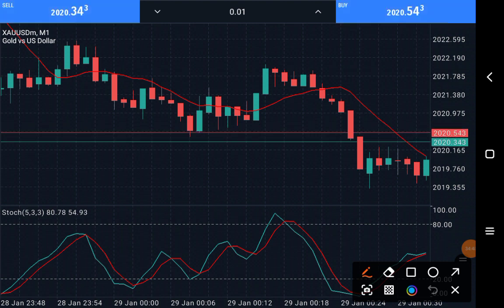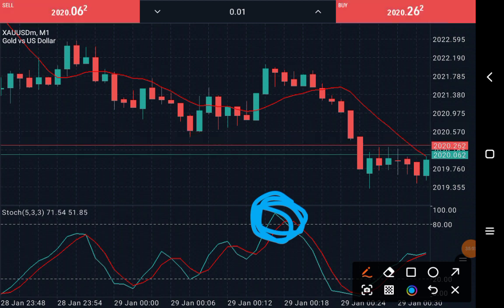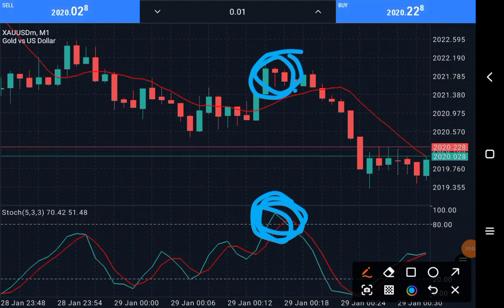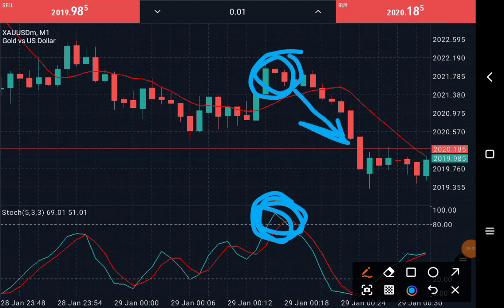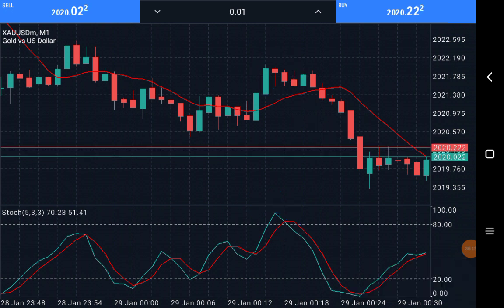So if price reaches this area, it's telling you that it's possible that, because the price is already in the overbought zone, it will start selling. And when it happened here, it started coming down. Do you understand? So that is how you use stochastic oscillators.